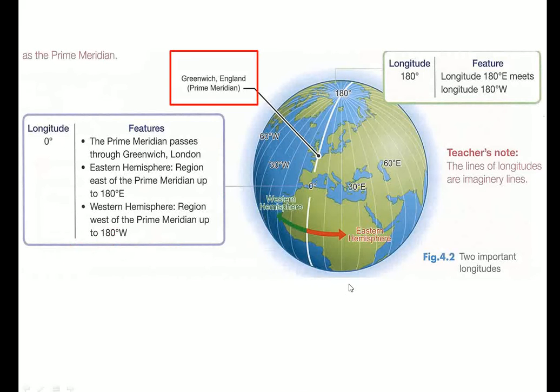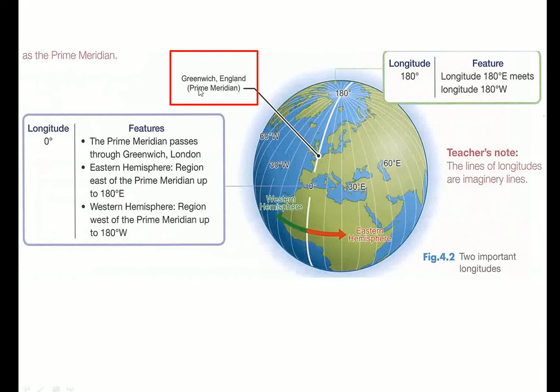Let's look at this picture. You can find there are a lot of longitudes, right? Here, this line is the 0-degree longitude. You find England first, and then you find London. So you can find this 0-degree longitude.